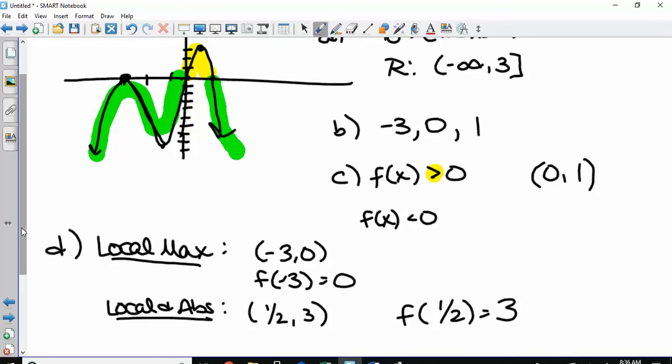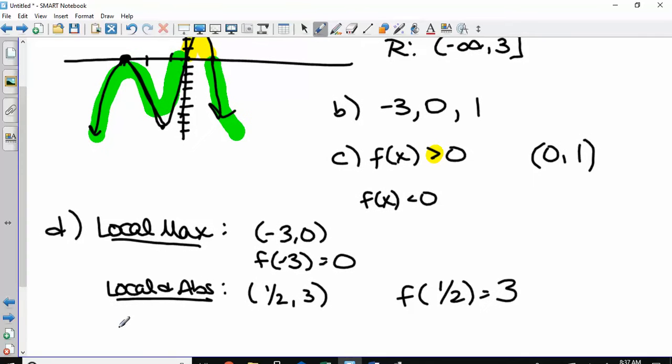Local or absolute mins. Do we have an absolute min on this entire graph? These ends keep going down. So is there a lowest point on the entire graph? No, but we do have a local min. We have a point that's smaller than the ones surrounding it. So my local min was at negative, I don't know what you want to call that, 3/2 or 4/3, something like that, comma about negative 8.5.